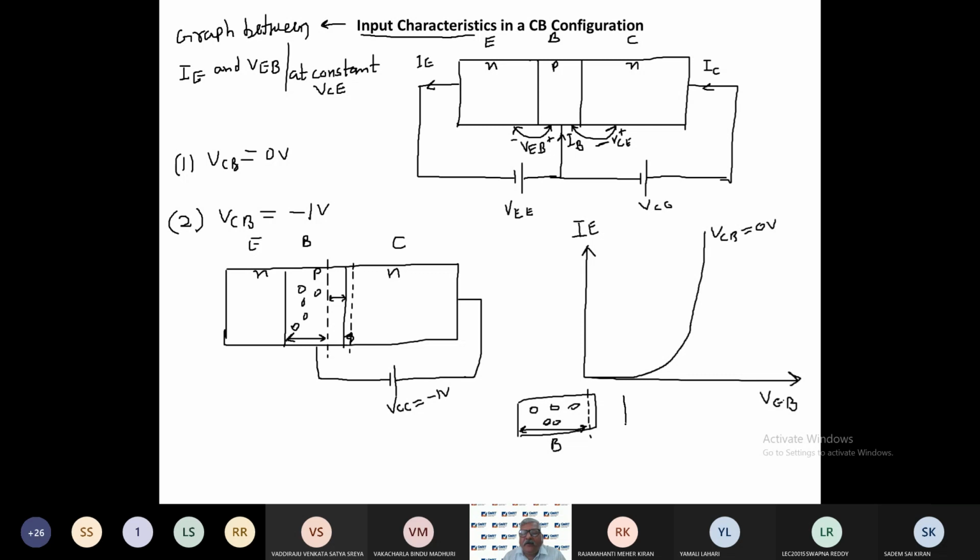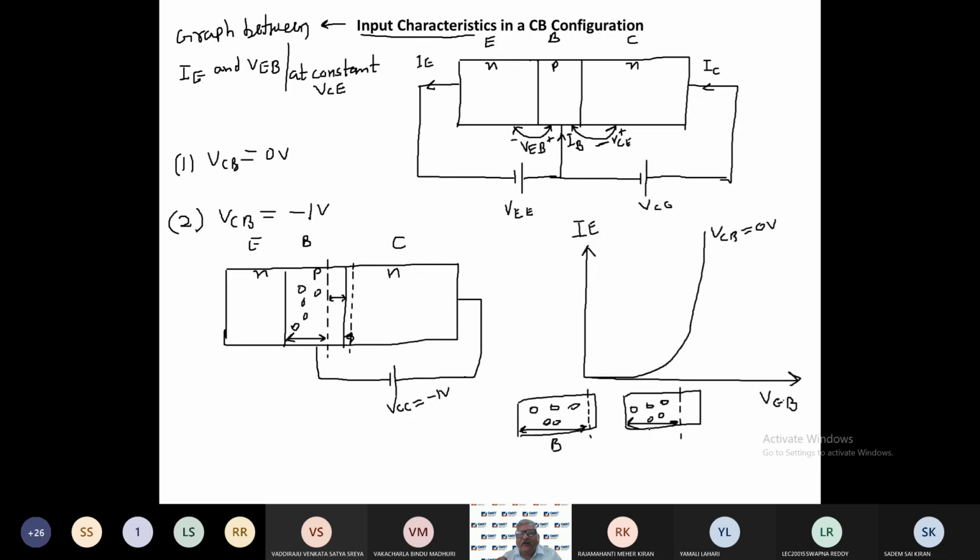But if you increase the reverse bias, then the depletion width is increased and the number of holes is the same: 1, 2, 3, 4, 5. But this space is reduced due to the increment in the depletion layer. The effective width of the base is reduced. So what will happen?